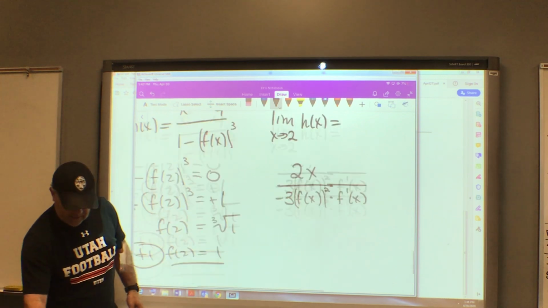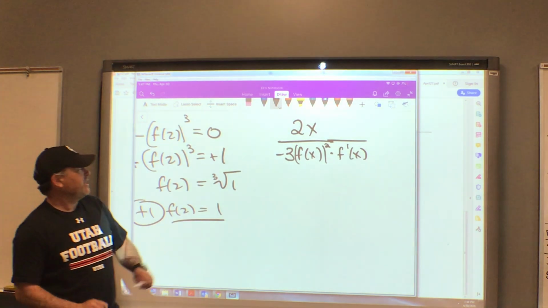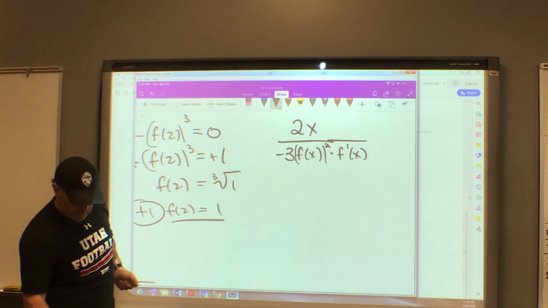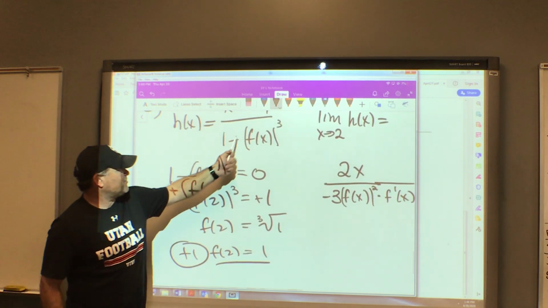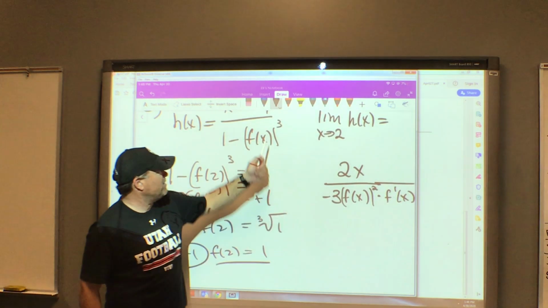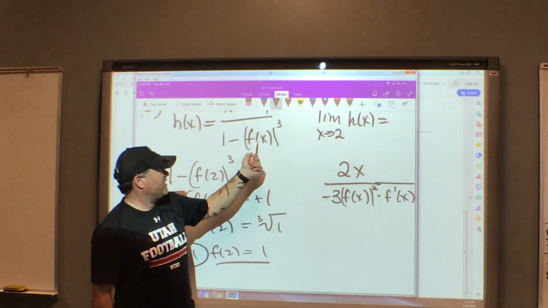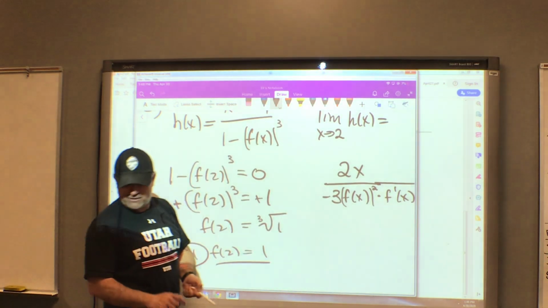Right there, that's chain rule. The derivative of 1 was 0. The cube came out front, so that's where this 3 came from. The 3 dropped down to 2. The inside stayed the same, and then f of x became f prime of x on the outside.